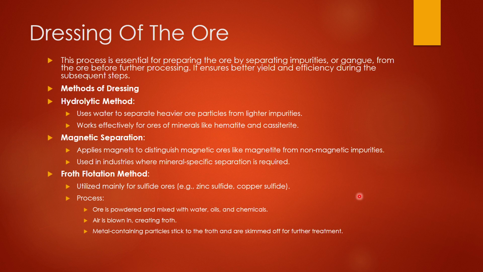Okay. See, as I have written here, it is utilized mainly for sulfide ores. This is for sulfide ores, as sulfide ores are non-magnetic and they are not so heavy. So this method is used for them. And next, the ore is powdered and mixed with water and oil and chemicals.